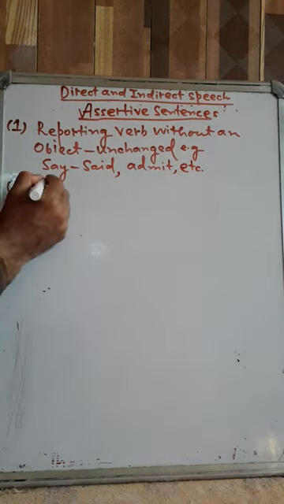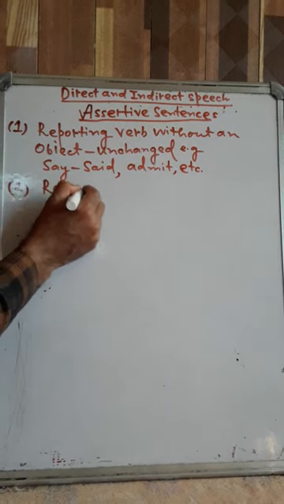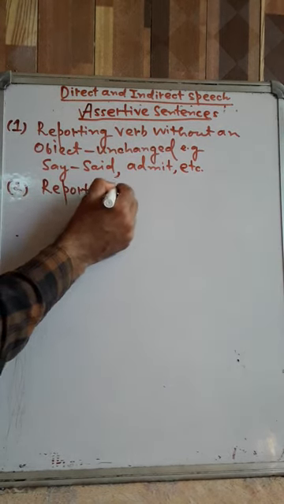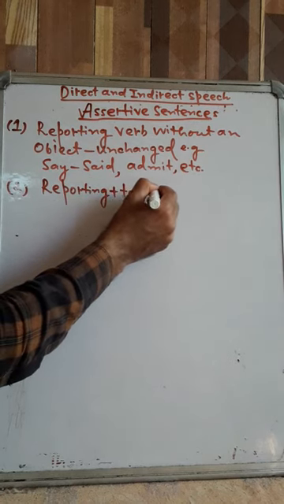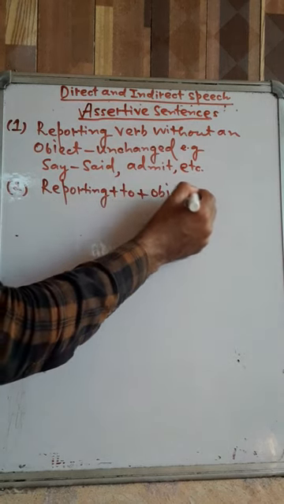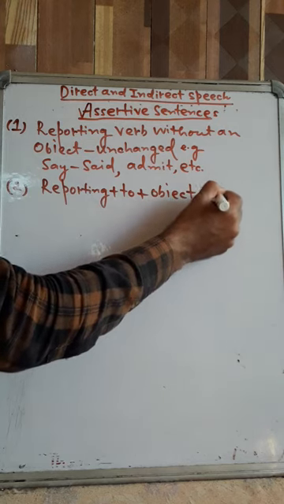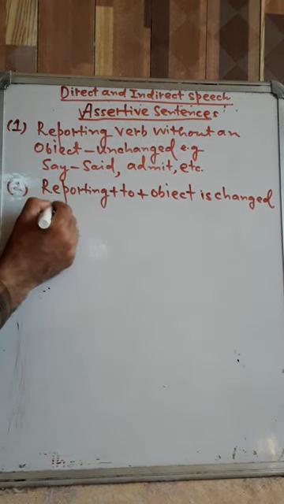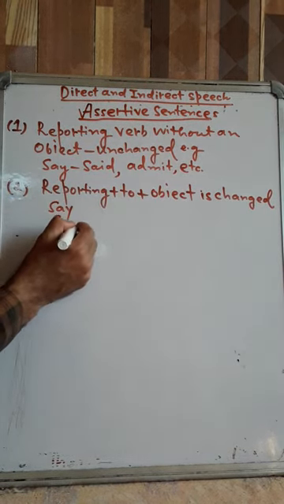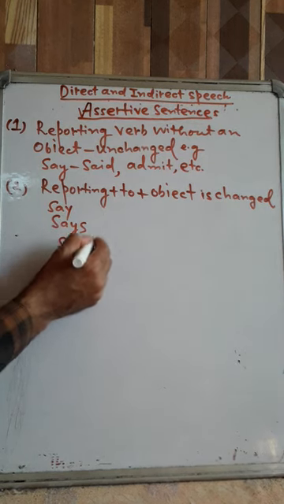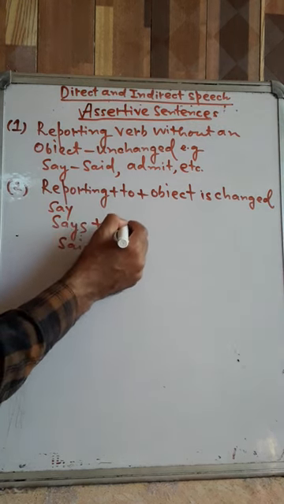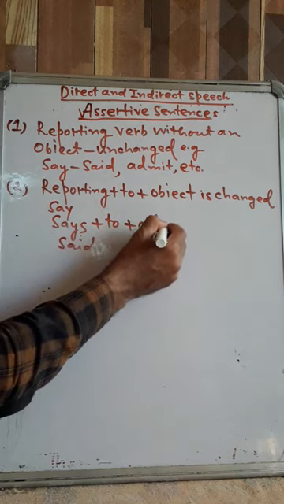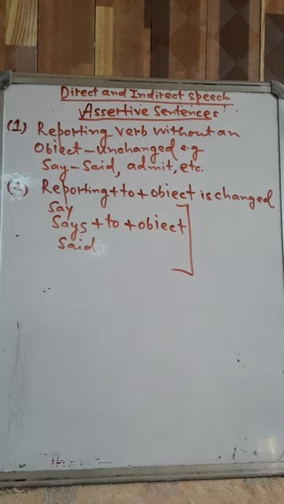Number second, reporting verb plus to plus object is changed like this. If we have here say, says, said plus to plus object, now in the indirect speech we can change the reporting verb plus to plus object like this.